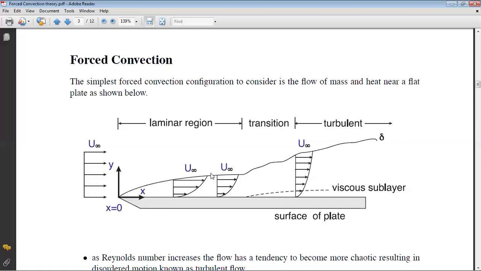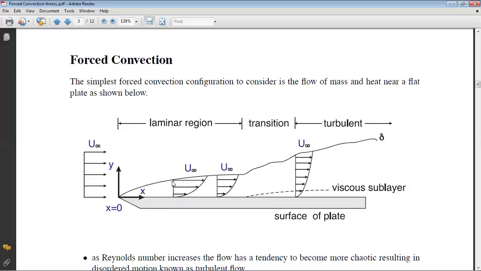This is nothing but the velocity profile, which is parabolic in nature. The boundary layer thickness at point 1 is less than at point 2, which is less than at point 3.